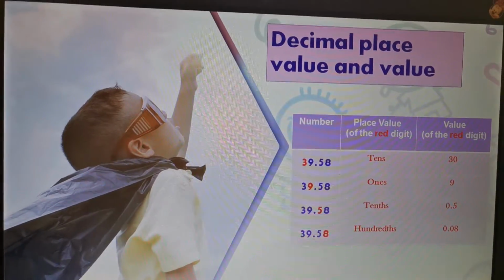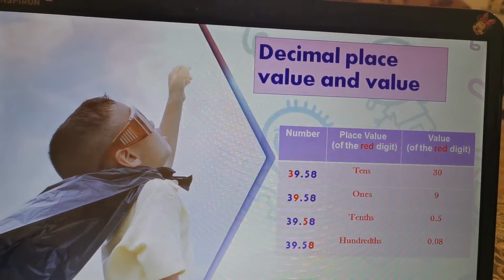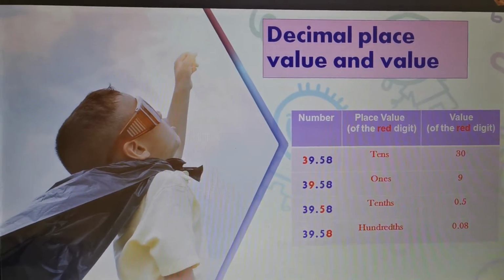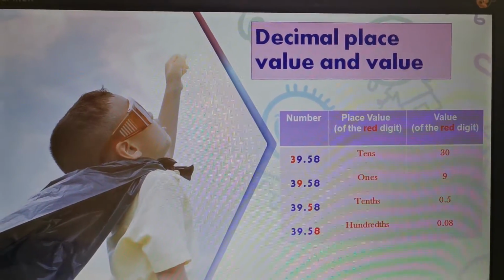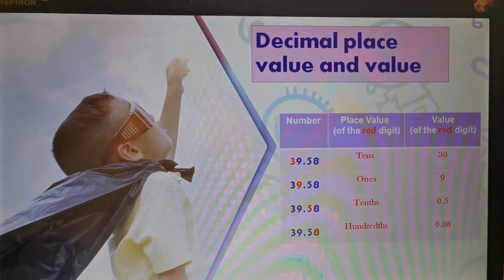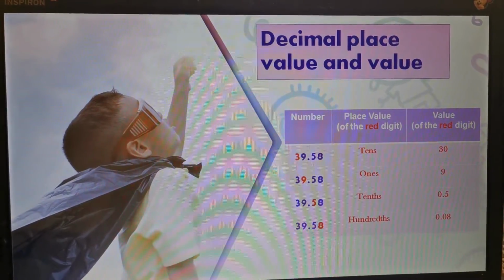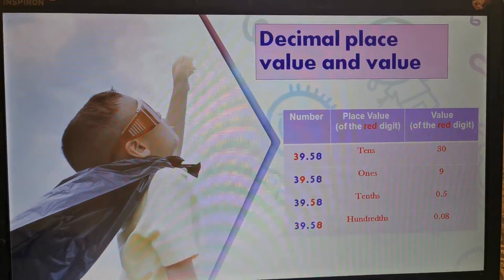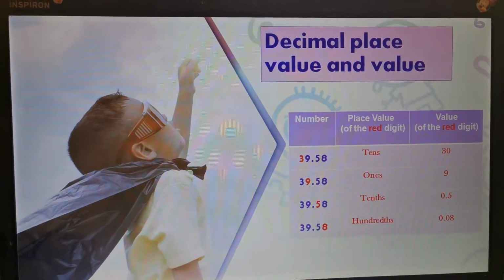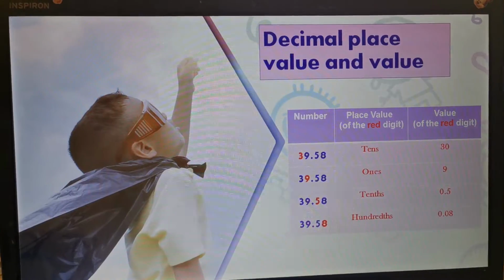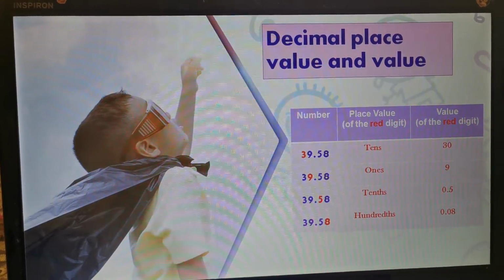Now, decimal place value and value. I want you to differentiate between place value and value. Place value from the word place. Where is its place? So you should tell me where it is. The value, we should write a number.